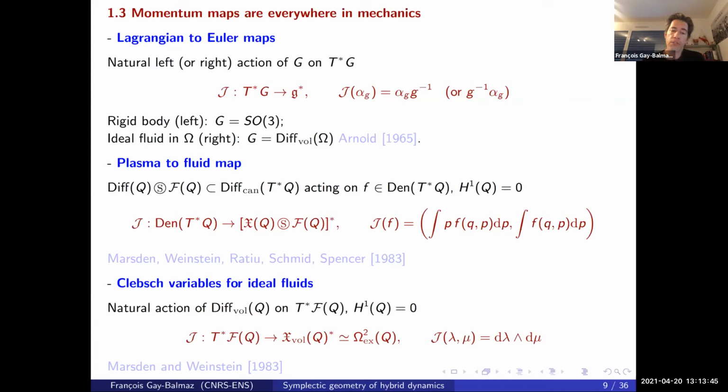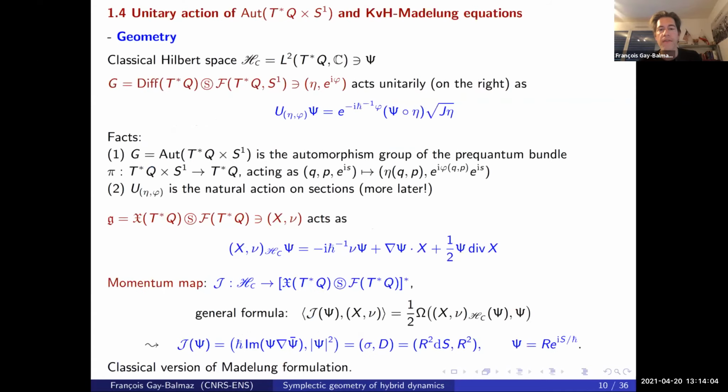Clebsch variables were the first attempt to understand fluid mechanics as a Hamiltonian system, so they can also be explained by momentum maps. But these are not the systems that we will consider; rather, it is this KVH approach in quantum and hybrid classical-quantum mechanics.